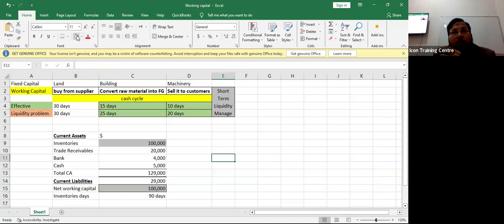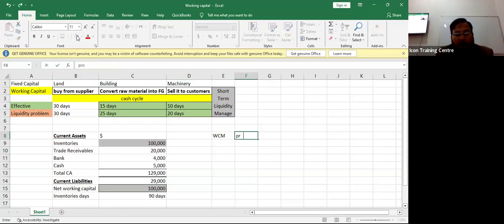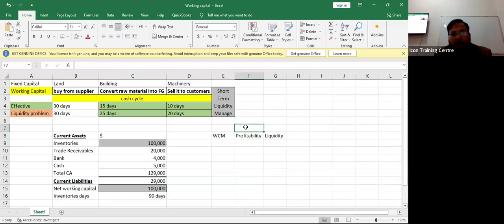If you remember, I've already told you. Working capital management, WCM, is to achieve a balance between profitability and liquidity. You have to create a balance between them. If you are not creating a balance, then there will be a problem.